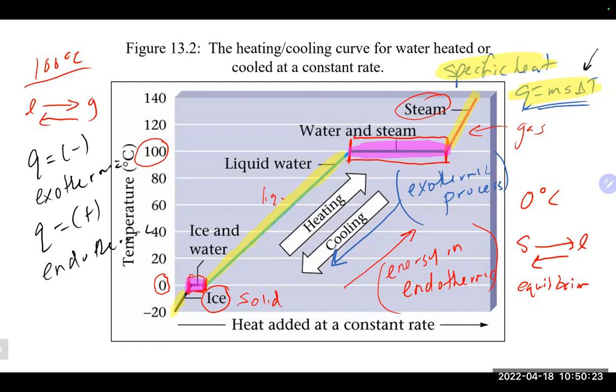So down here, this is the energy that's required to take a substance from solid to liquid, like I said, or backwards, liquid to solid, without changing the temperature. So that would be at its normal melting point or freezing point.